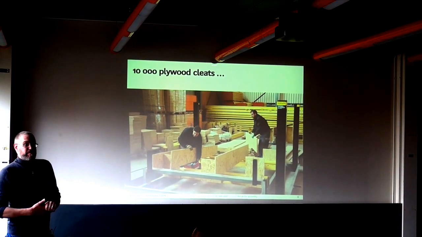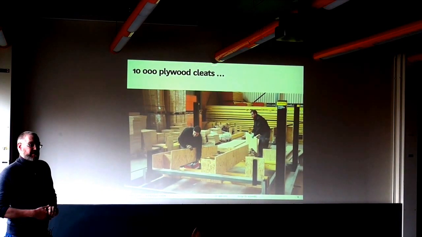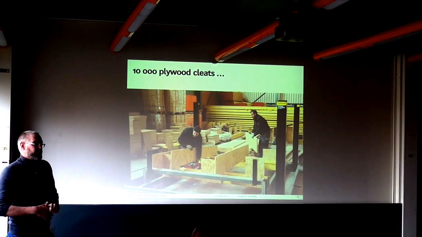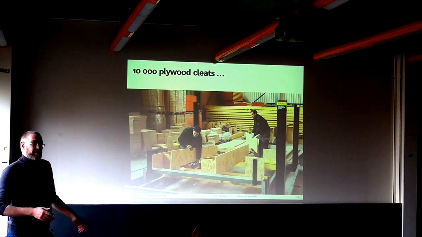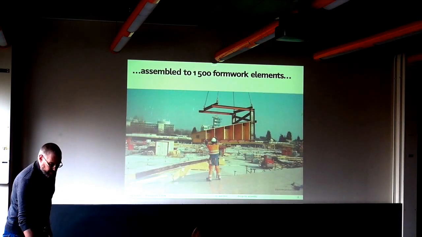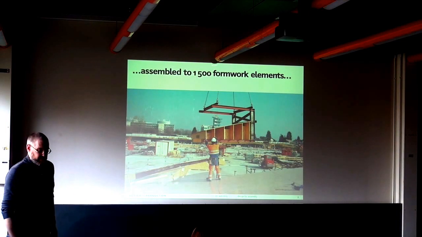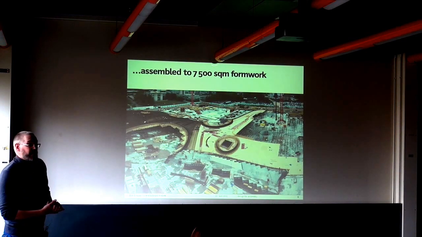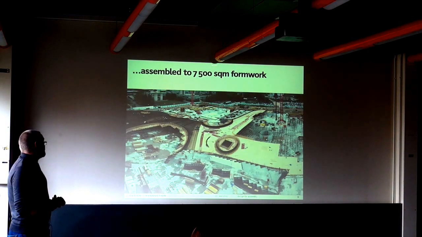Basically, by designing about 10,000 of those vertical plywood cleats there, which were 4-axis cut in Germany, then shipped to close by Bern, where the formwork contractor took 6 or 7 of them and nailed them together to boxes, shipped those 1,500 boxes here to the EPFL site, put them on top of standard scaffolding towers, actually, to get this formwork for the concrete slab that you're now walking on if you are studying in the Rolex Learning Center.